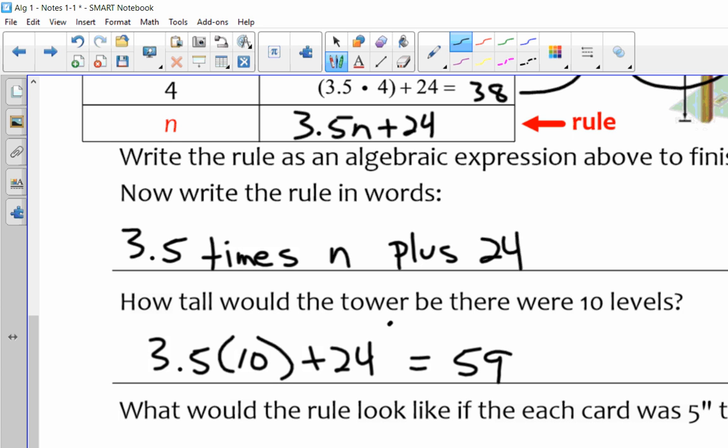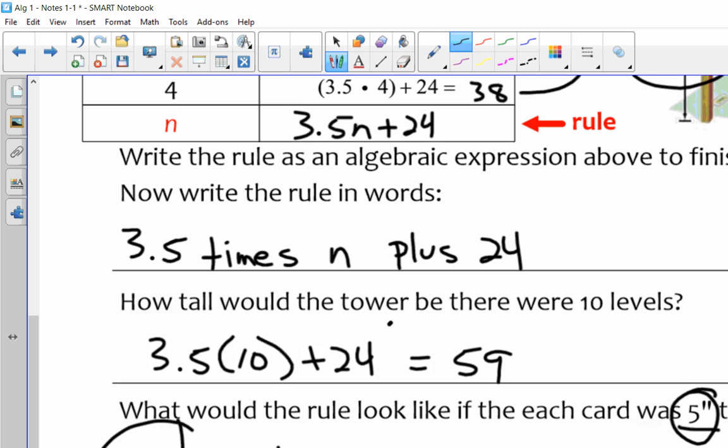Now what they want to know is, what would the rule look like if the card was 5 inches tall? Well, when the card was 3.5 inches tall, that was it. Well, the card's changing. Now it's going to be 5 inches tall. What do I do? Well, I need to change that.